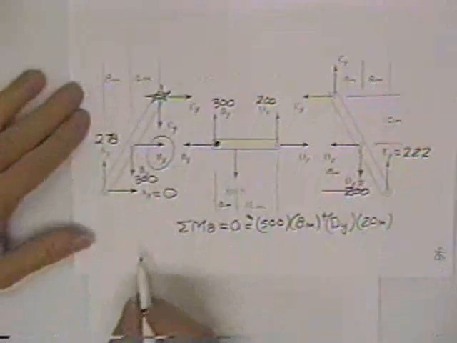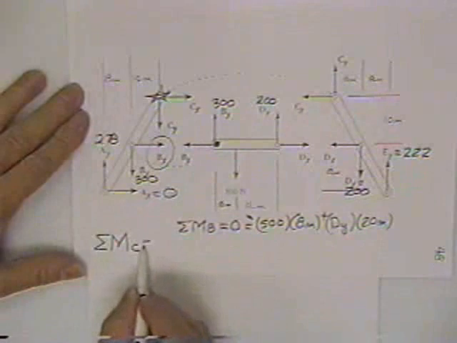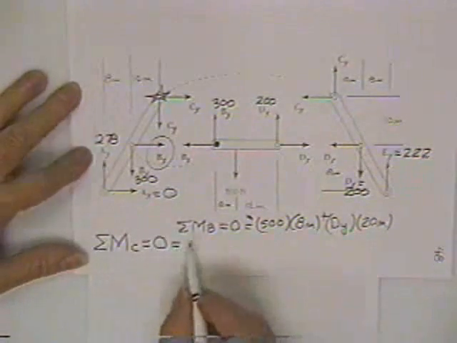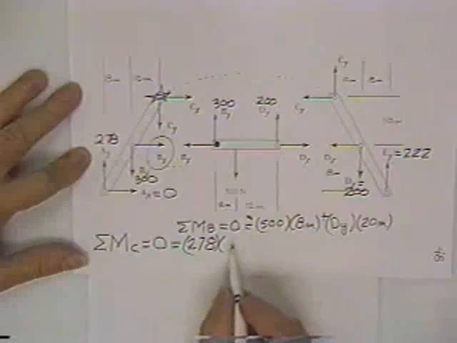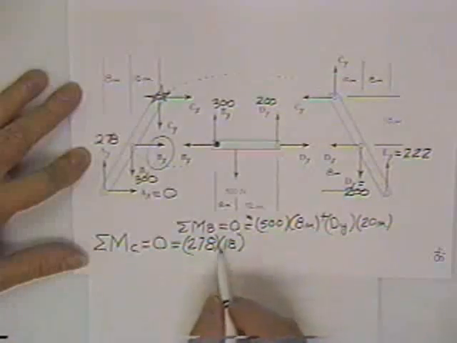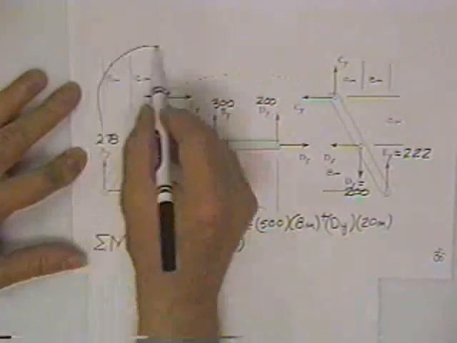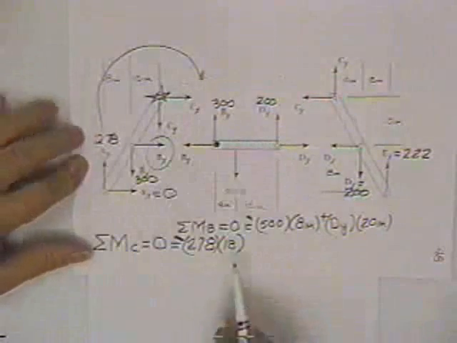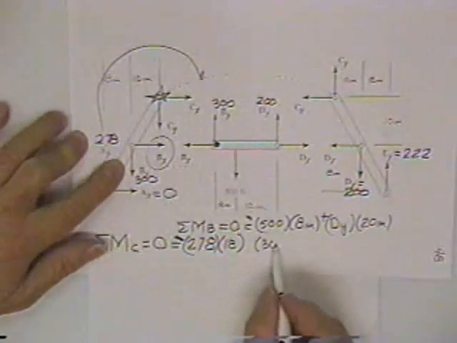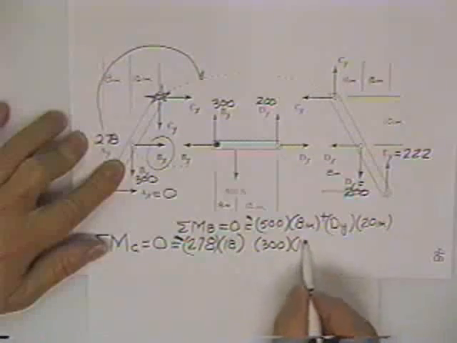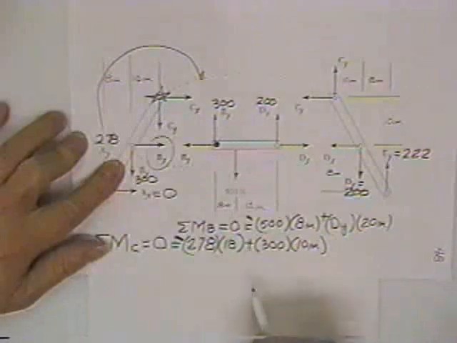And the equation would read, sum of moments about C is equal to 0 is equal to, I see a 278. It has an 18 meter moment arm. It also has a negative tendency to roll about point C. I see a 0, so that drops out. I see a 300. It has a 10 meter moment arm, and a tendency to roll in the positive direction.